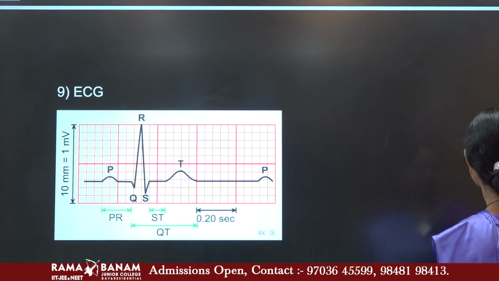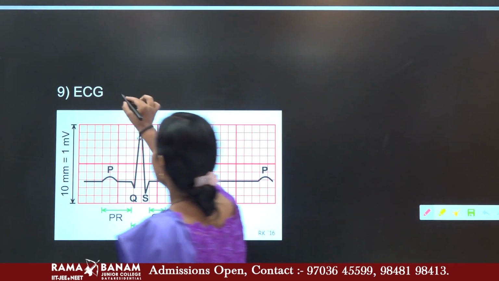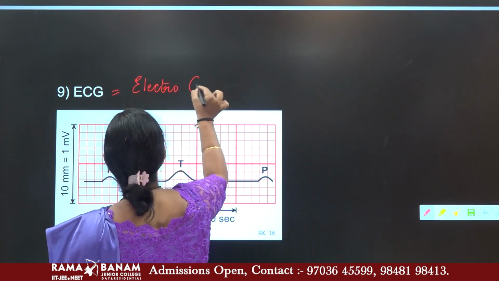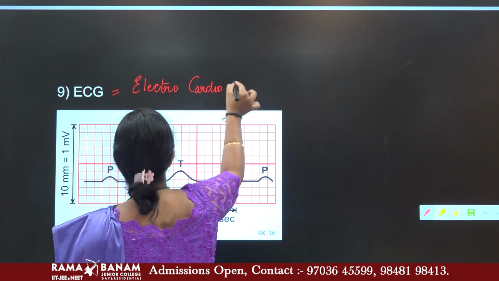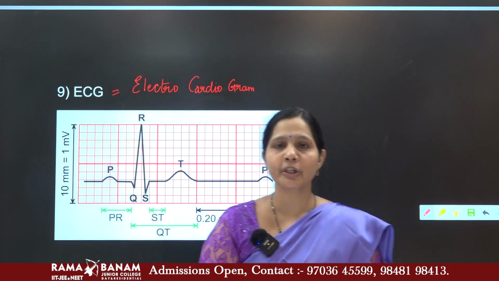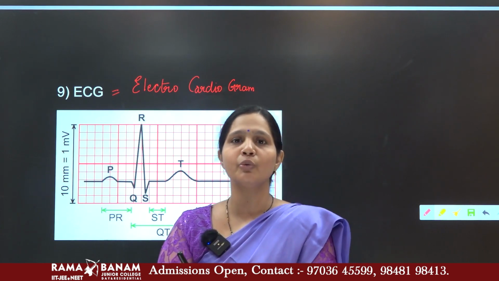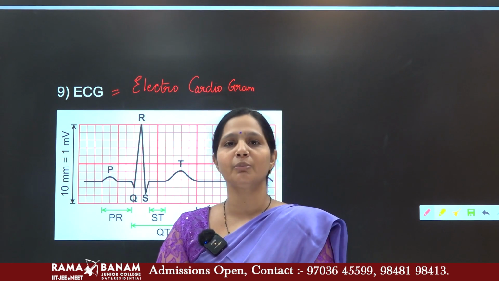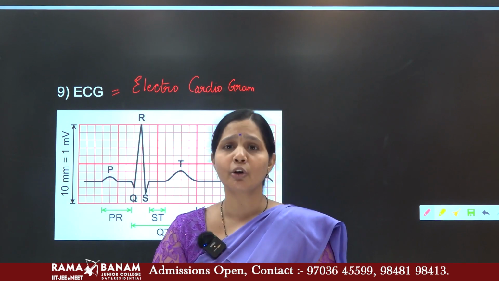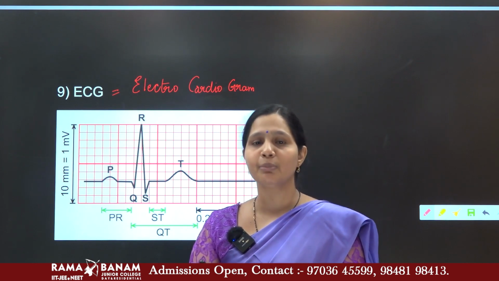Next, ECG. ECG can be expanded as electrocardiogram. Whatever action potentials are generated from the sinoatrial node and passed to the atrioventricular node and to the entire ventricular musculature, all the conduction of these action potentials can be recorded in an electrocardiograph, because those electrical impulses can be recorded.